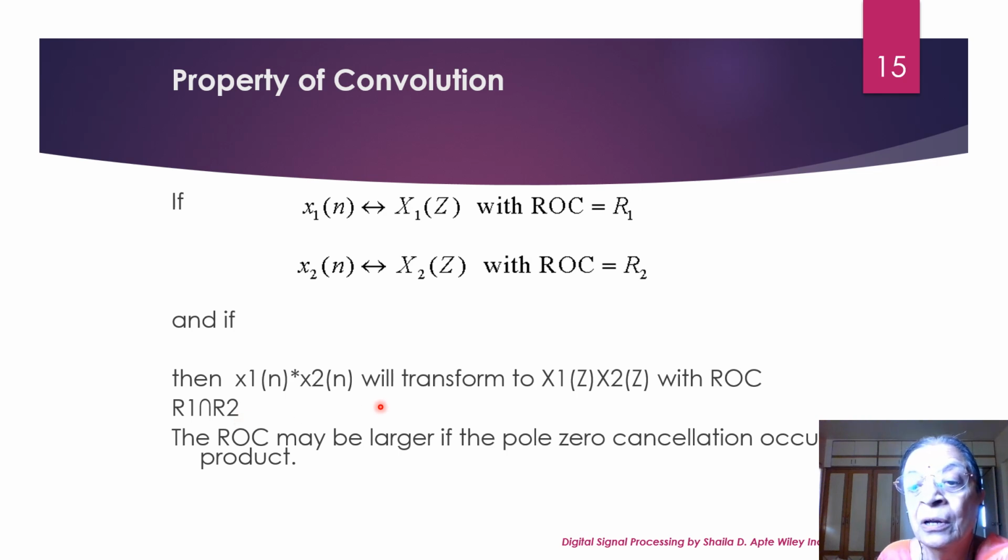Always it will be the common area of convergence. So whenever there is convolution in the time domain, there is multiplication in the z domain, and vice versa. If there is a convolution in the transform domain, there will be multiplication in the time domain. So when we write R1 intersection R2, the ROC may be larger if pole zero cancellation occurs.